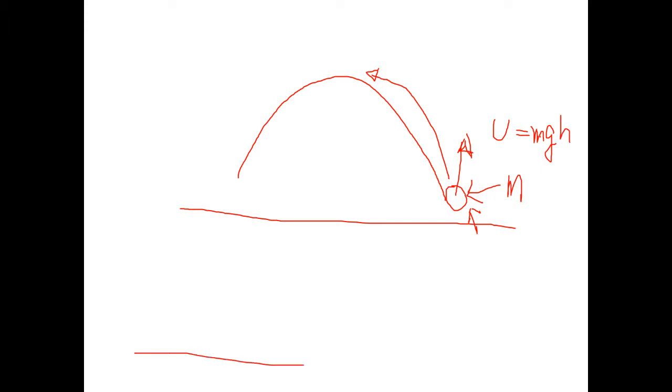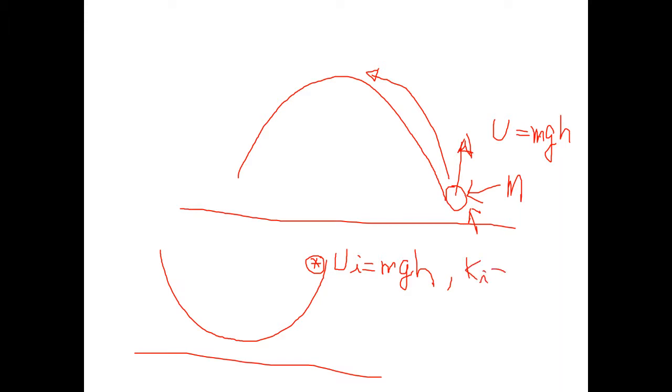And for this case, if the curvature is like this, and you put the ball here, initially we will have some initial potential energy, something like mgh. And at the beginning, it is stopped, so it has zero kinetic energy, which is half of mv squared.